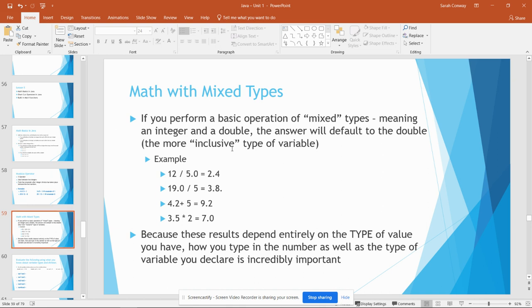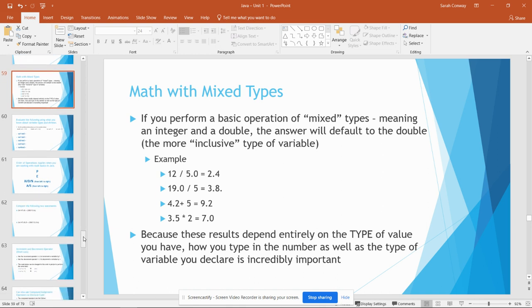Now, where this gets a little bit tricky, and it's really not that tricky, but you just have to watch your variable types, is if you perform a basic operation of mixed types, which means you have an integer mixed with a double, okay? If this happens, the answer defaults to the double answer, or to the more inclusive variable type, which is the double.